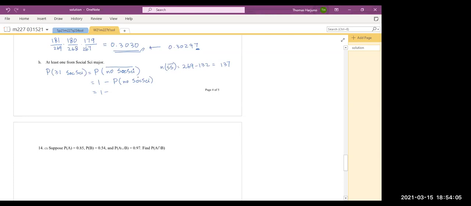Okay, so the probability of non-social science will be outside of social science times outside of social science times outside of social science. And we need 3, right? Okay, now we compute that.